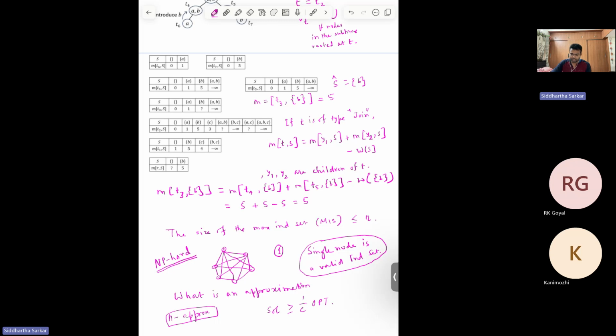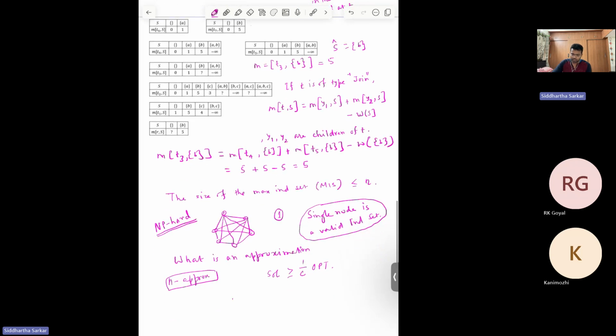for maximum independent set, and it is known that getting slightly better than this, an n to the 1 minus epsilon approximation for any epsilon greater than 0, is not possible in the general graph.